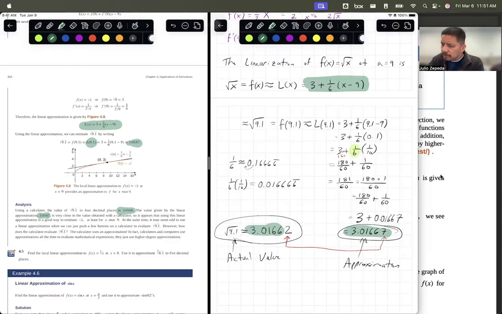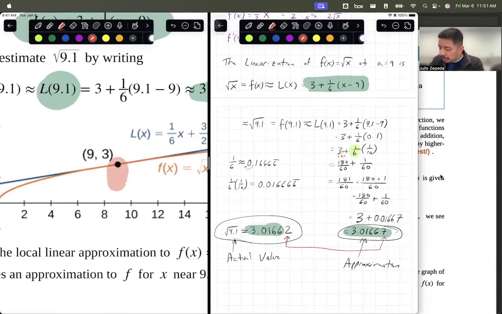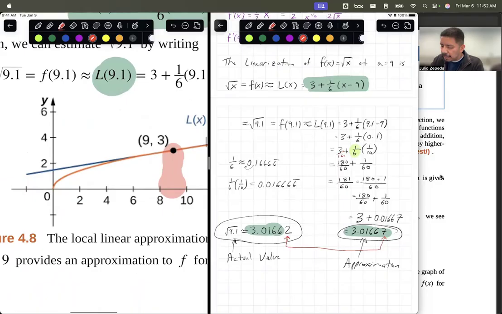Now, one thing I also want to point out here, it says the linear approximation is a good way to estimate the square root of x, at least for x near 9. Because if you choose x values that are not near 9, like let's say x equals 0, this linear approximation will not be very good, because the linear approximation that we computed was for the x value at 9.